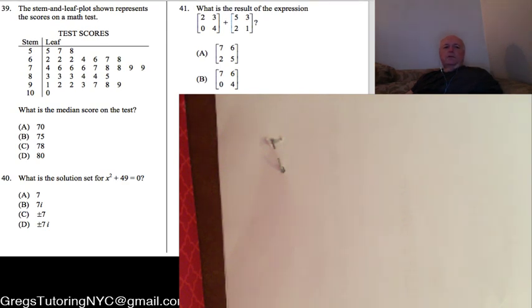All right, so it says the stem and leaf plot shown represents the scores on the math test. So we normally look at the illustration, and first of all, a lot of you guys did stem and leaf plots, just like the box and whiskers plot from a few questions ago.